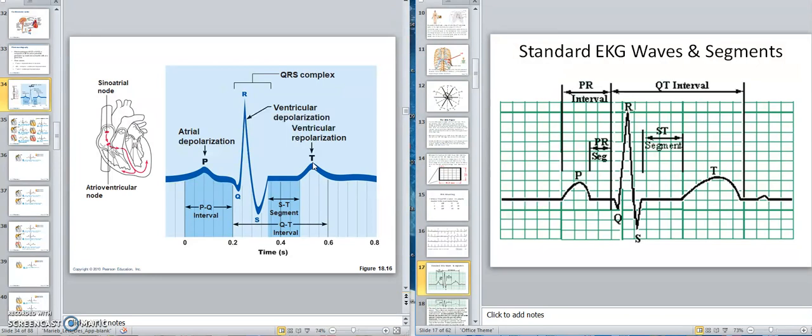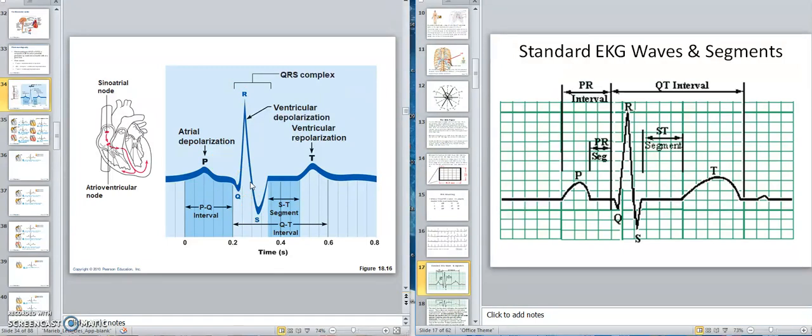Since the ventricles are so much larger than the atria, at the time that atrial repolarization is occurring, ventricular depolarization is occurring as well. And since they are so much larger, they obscure the view of atrial repolarization.